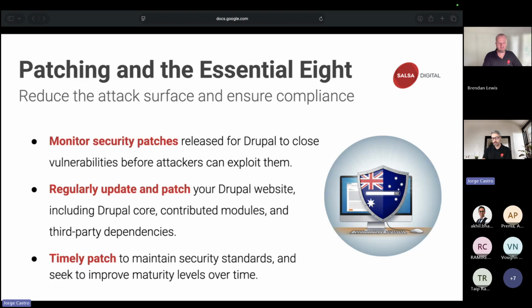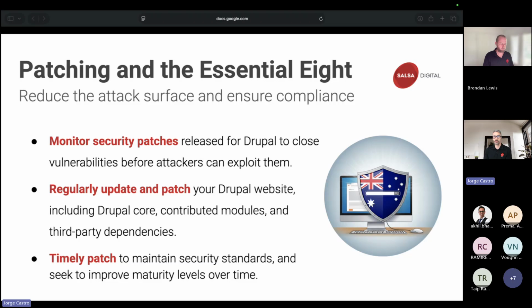Without going into the detail of all of the Essential 8 and what it prescribes, I just wanted to describe at a very high level how we can comply with it. I know internal-facing systems and external-facing systems all have different requirements, but essentially it comes down to three bullet points.